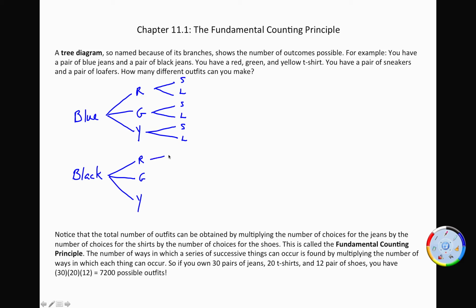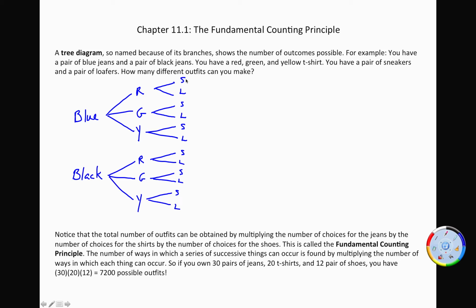With the black jeans and a red shirt, sneakers or loafers. With the black and green, sneakers or loafers. And with the black and yellow, sneakers or loafers. Meaning each one of these paths is a possible outfit that I have.